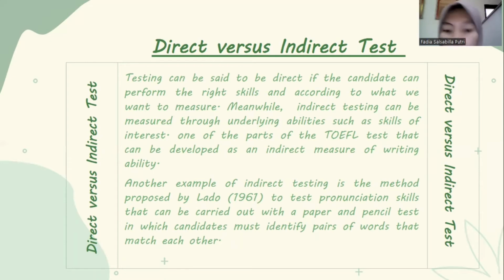Another example of indirect testing is the method proposed by Lado, 1961, to test pronunciation skill, which can be carried out with a paper and pencil test in which candidates must identify pairs of words that match each other.